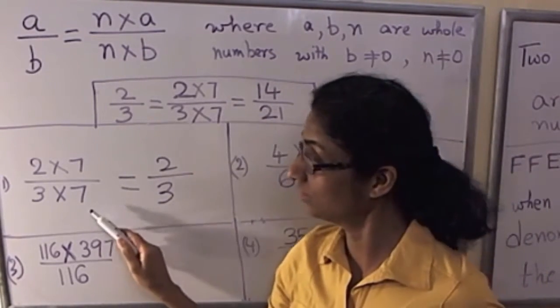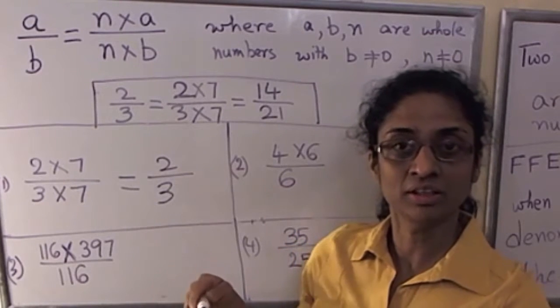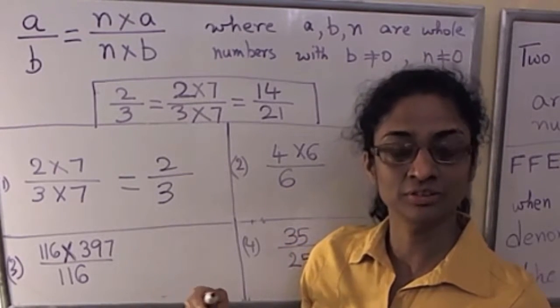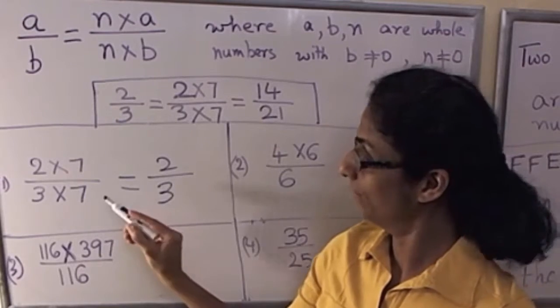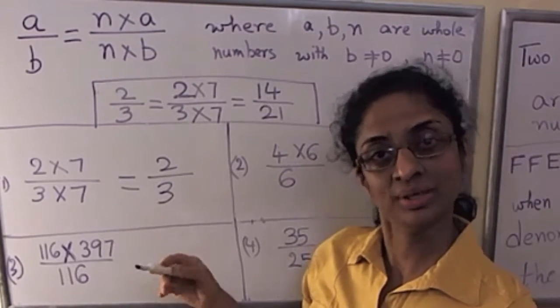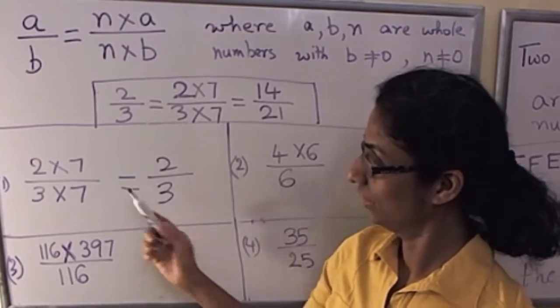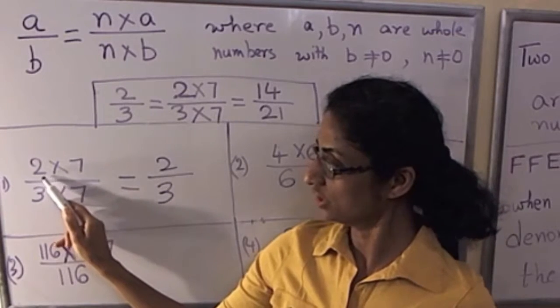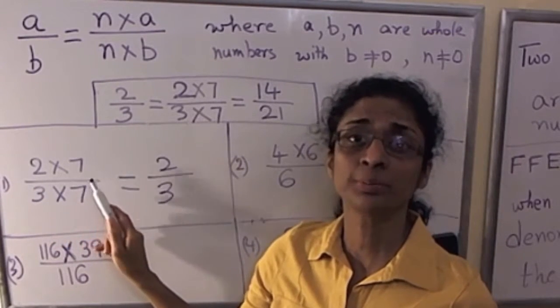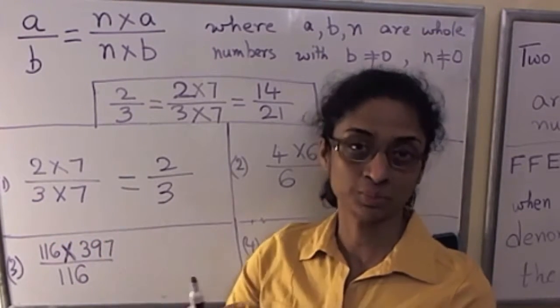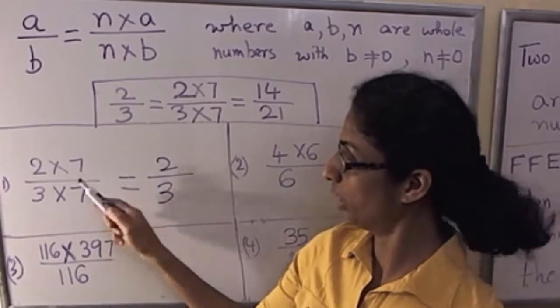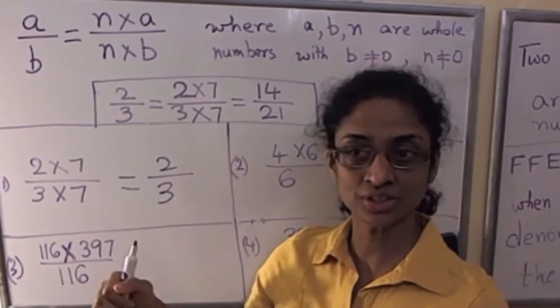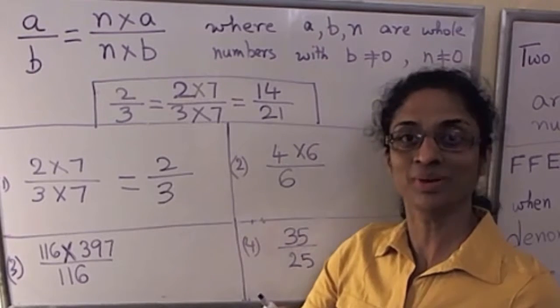But this one really needs a little more thought, a slightly different mindset, where anytime you see 2 times 7, you probably have a tendency to multiply it out. You probably think that sign is urging you to multiply.